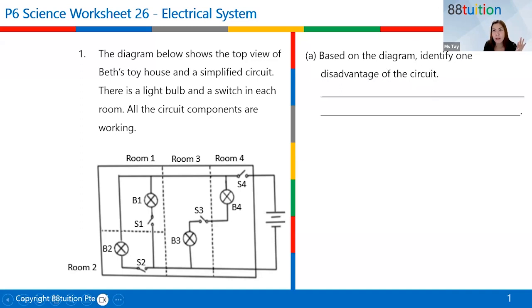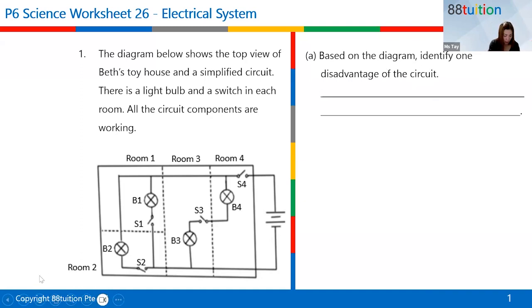But Perez and Salman, your answers are not clear enough, not specific. You only say it is in a series circuit. If I'm someone looking at your answer, I'll try to make sense of this. What are you talking about?